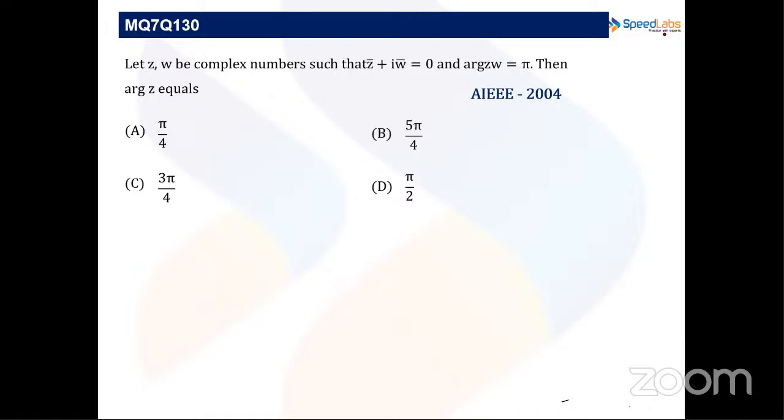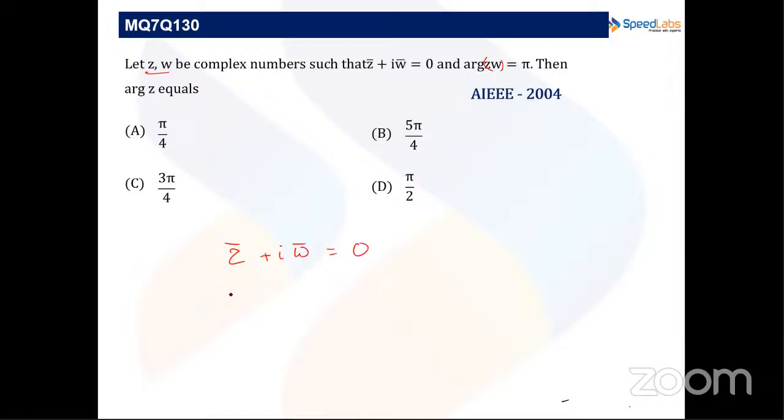Okay. So what we are given is Z and W are complex numbers. Let's say omega, we are saying this is not the cube root of unity, with a complex number such that Z conjugate plus i into omega conjugate equals 0 and argument of Z into omega is pi. Then argument of Z equals to what? So we have Z conjugate plus i omega conjugate equals 0.